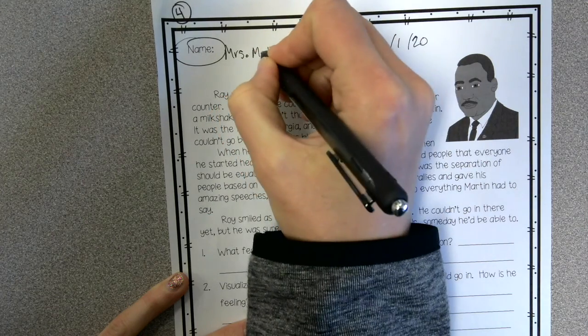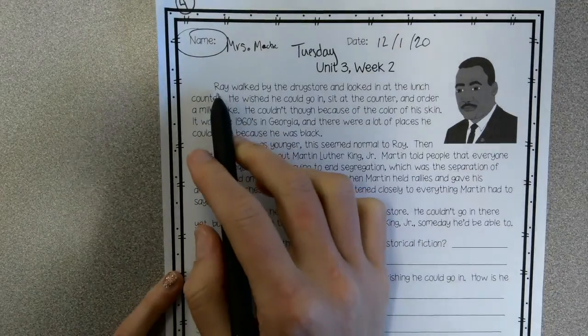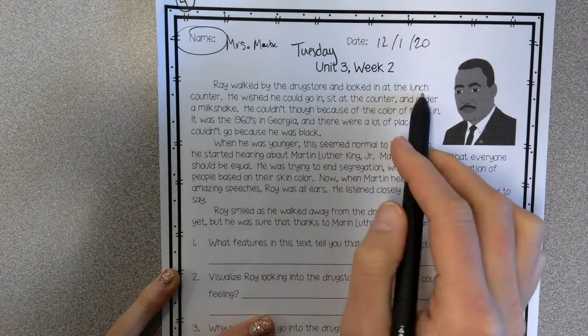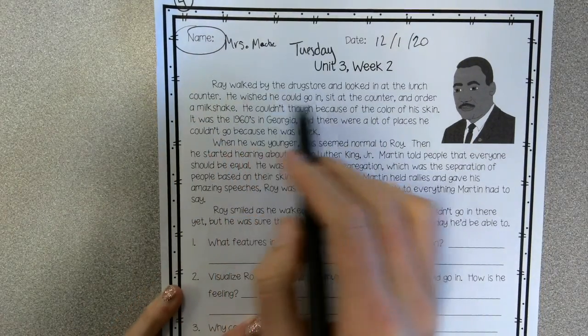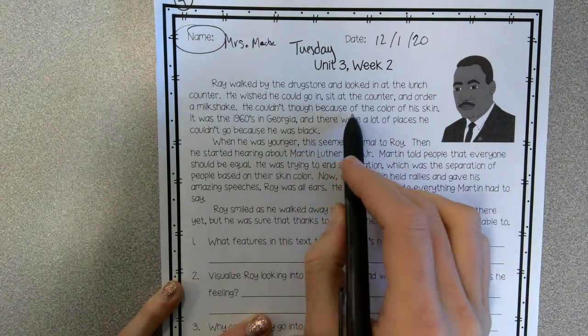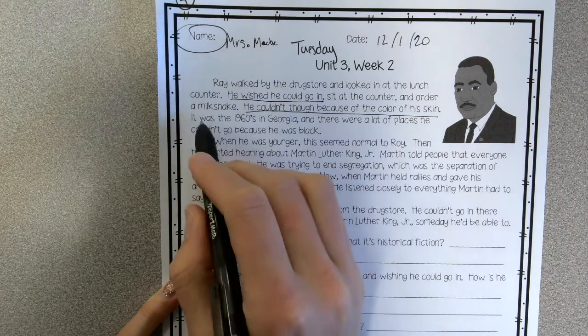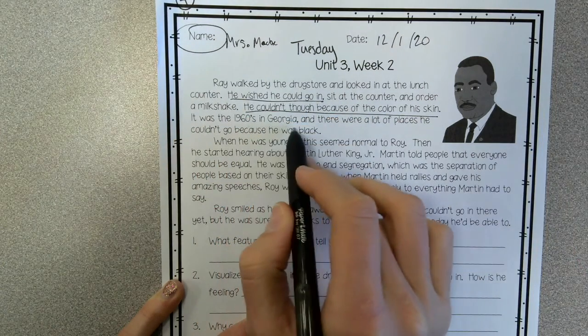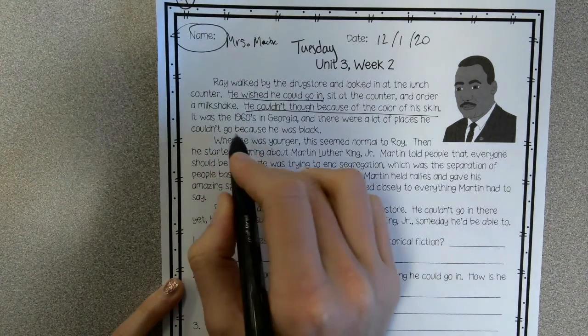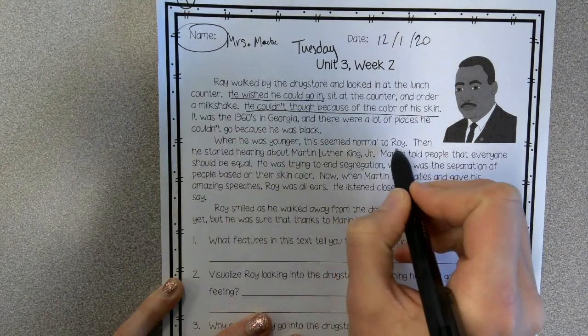We can see here, Roy walked by the drugstore and looked in at the lunch counter. He wished he could go in, sit at the counter, and order a milkshake. He couldn't, though, because of the color of his skin. It was the 1960s in Georgia, and there were a lot of places he couldn't go because he was black. When he was younger, this seemed normal to Roy.